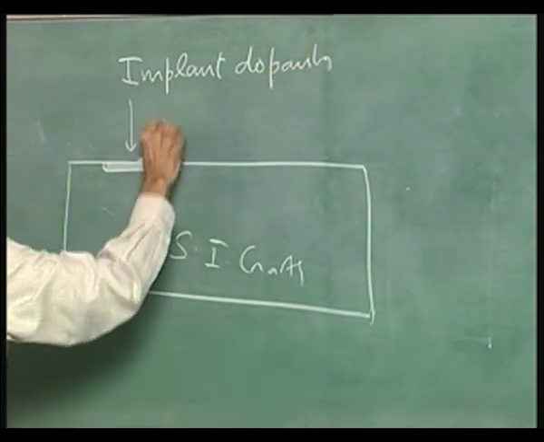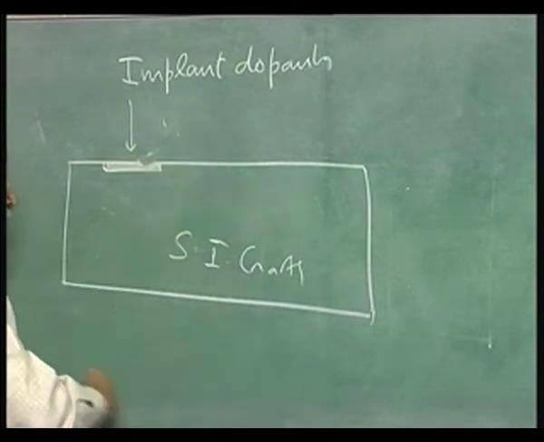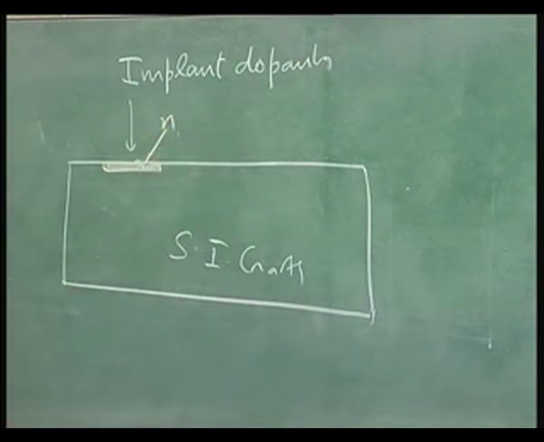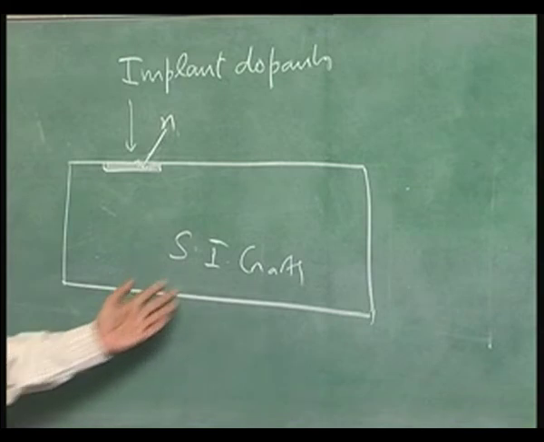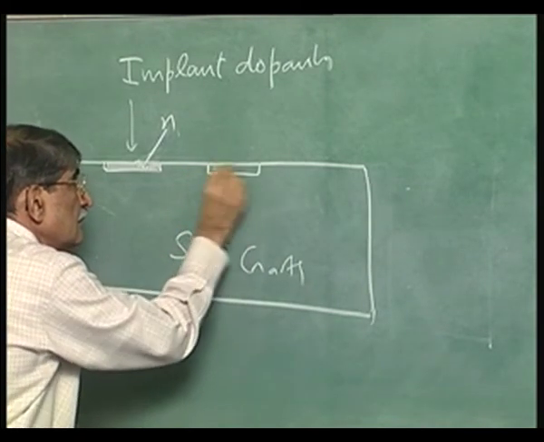So, I can make that layer N-type. Once it is N-type, I can use that for realizing FETs, and this is semi-insulating. I can put here also n type.